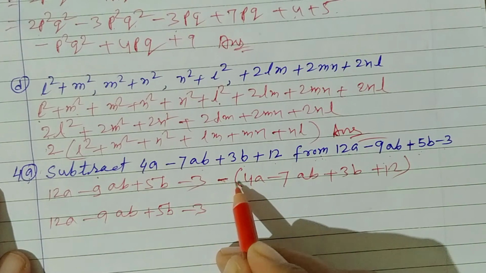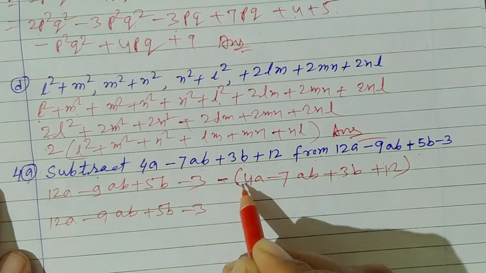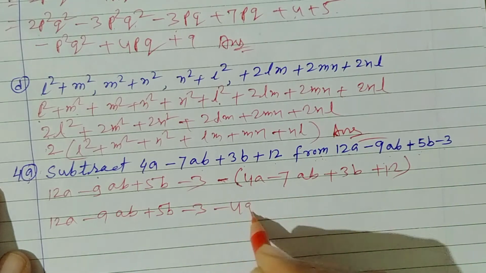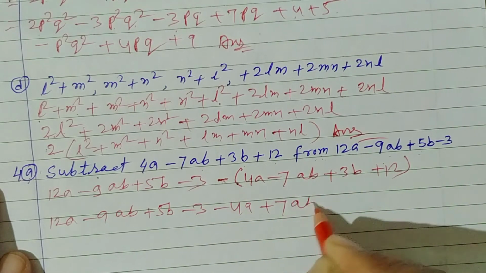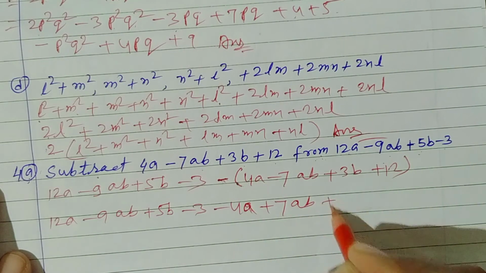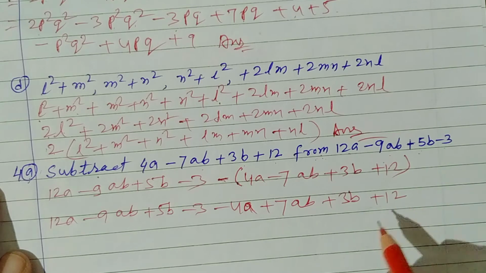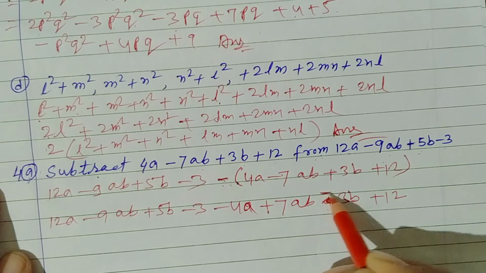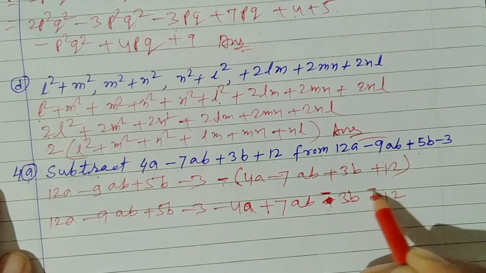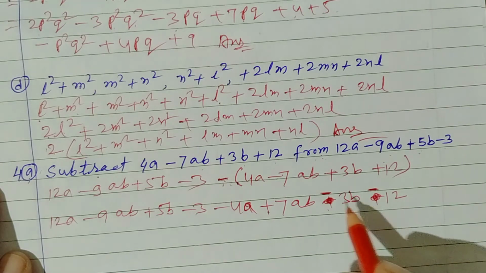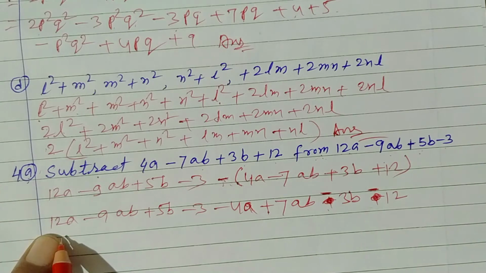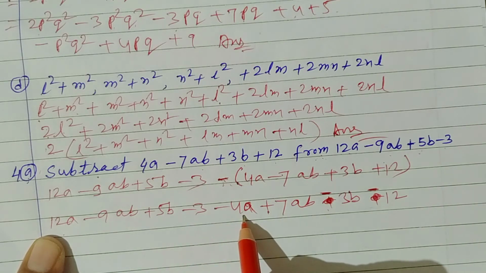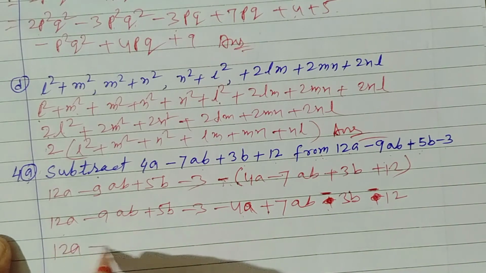Here we can remove the bracket and change the signs: minus 4a plus 7ab minus 3b minus 12. Okay, we have to change the sign. After that we can write together the a terms: 12a, and a is again only minus 4a. 12a minus 4a.